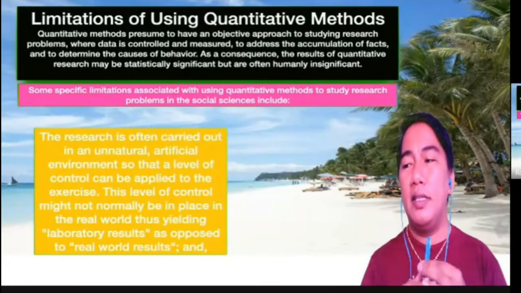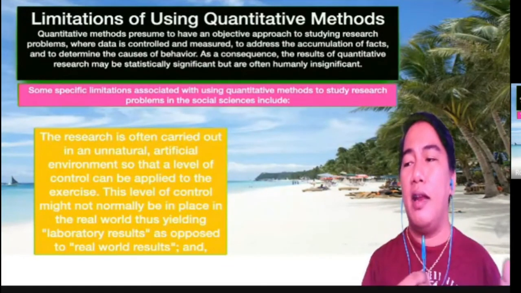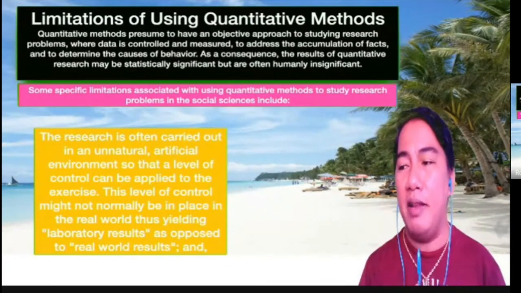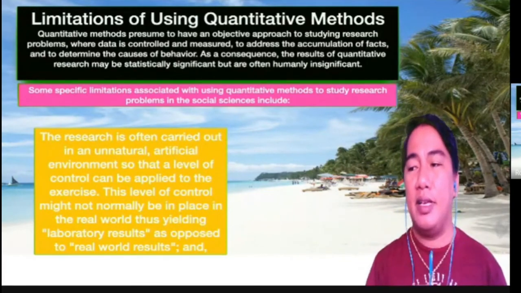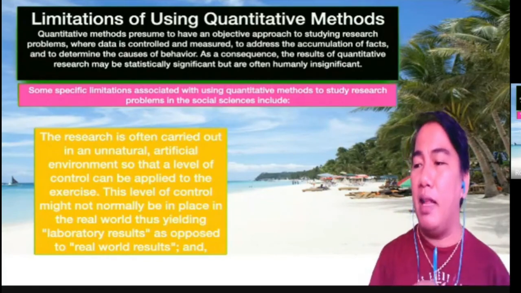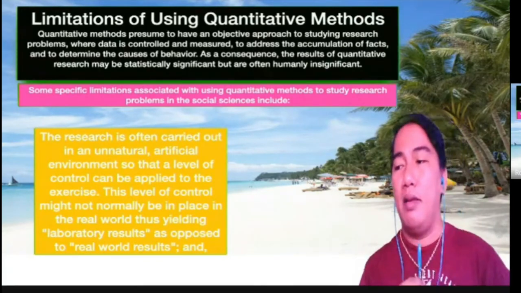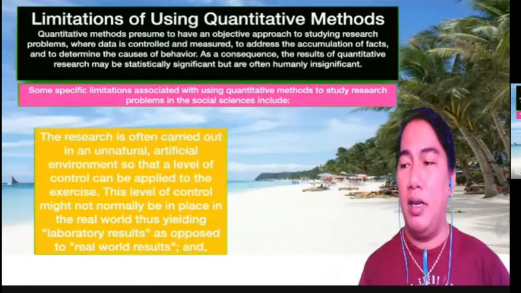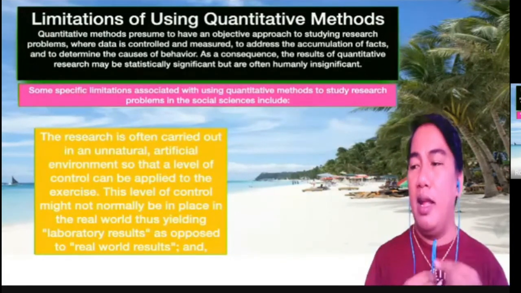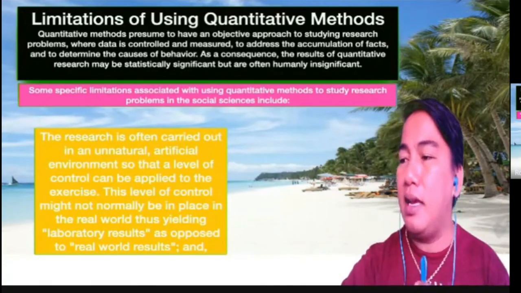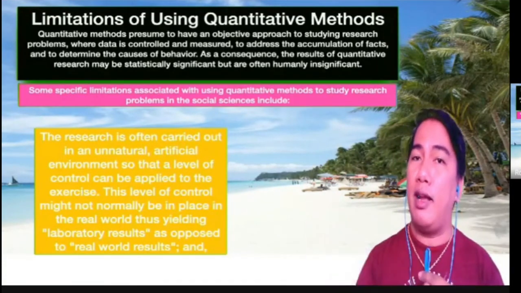The research is often carried out in a natural artificial environment so that a level of control can be applied to the exercise. This level of control might not be in place in the real world, thus yielding laboratory results as opposed to real world results. And lastly, kaya yung sabi ko nga kanina, yung nagko-control ka ng variable mo.